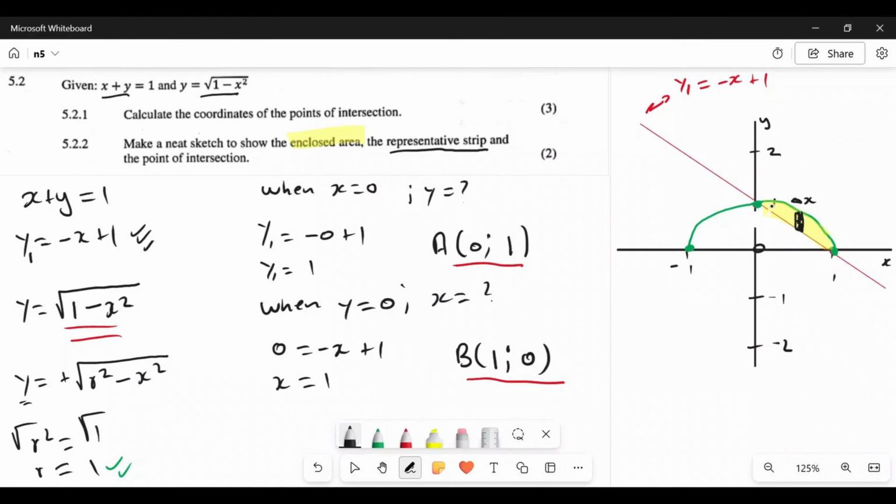Do not forget that we have those points, so you can write the coordinates of these points. The coordinate at the top is 0 and 1, and the other one is 1 and 0. So these coordinates, please show them before you continue with the next problem.